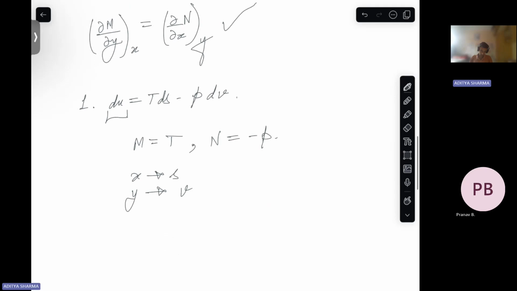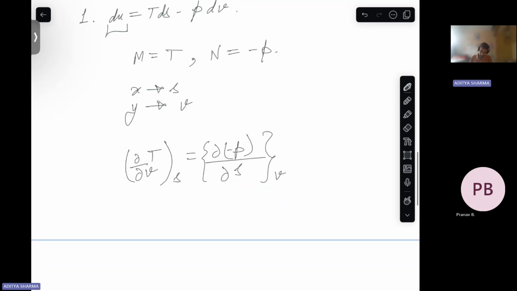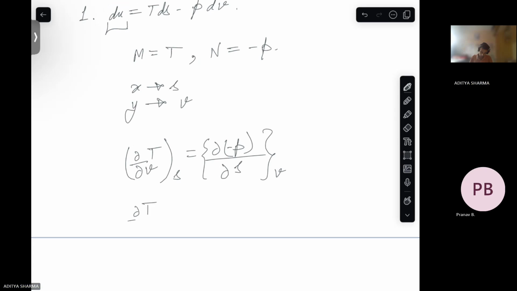So now if we write this, it becomes dou T by dou v at constant s equals dou of minus P by dou s at constant v.